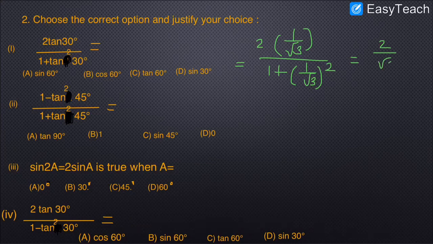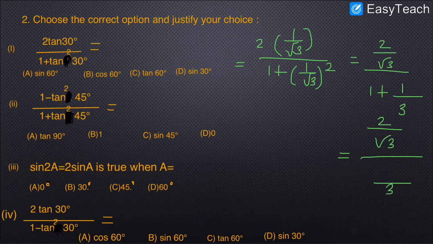In the next step, 2 by root 3, I multiply these two, and 1 plus, I take square on both sides. So 1 square is 1, root 3 square is, as I told earlier, square and root will cancel out, so 3 here.